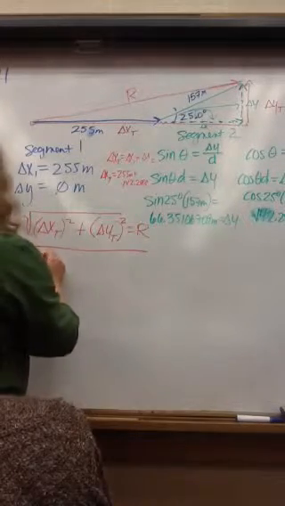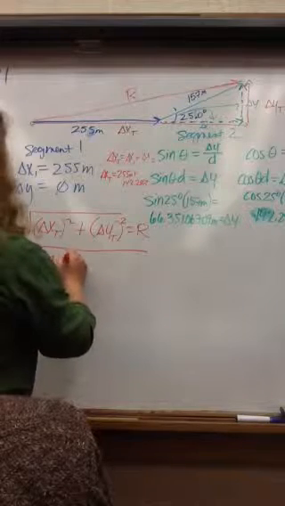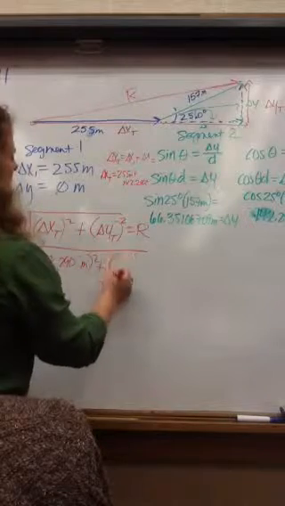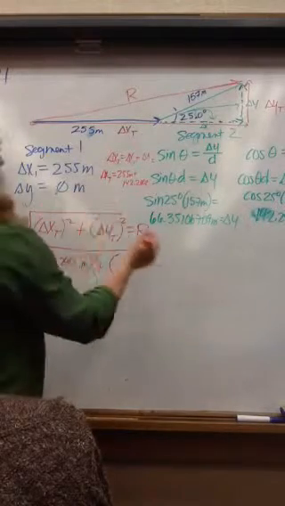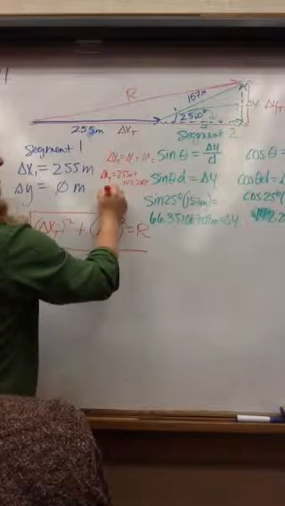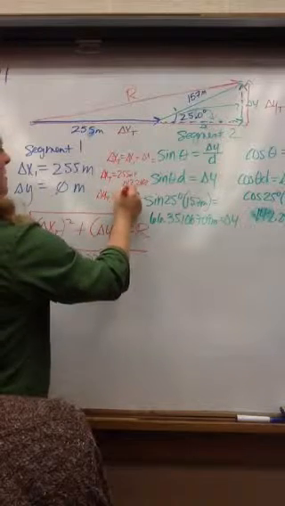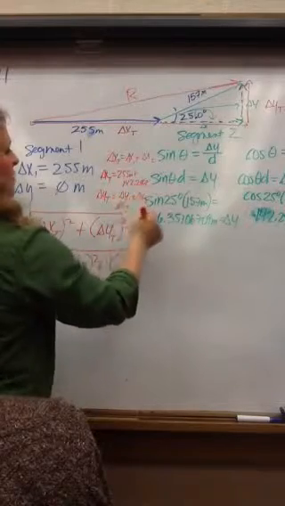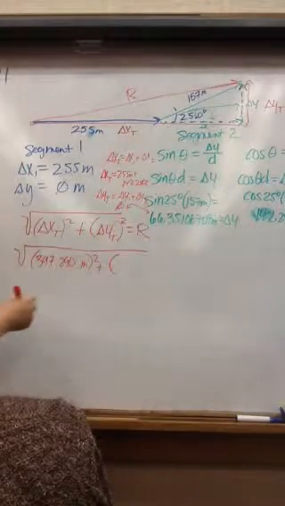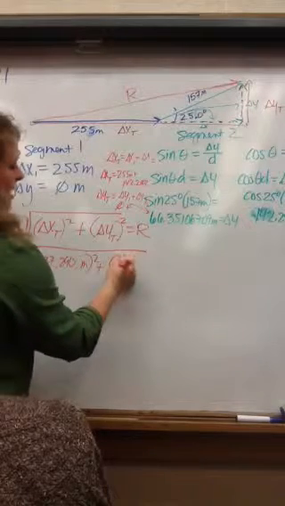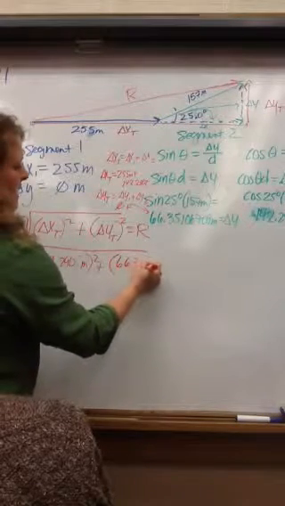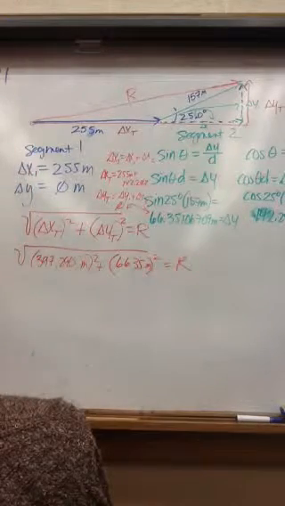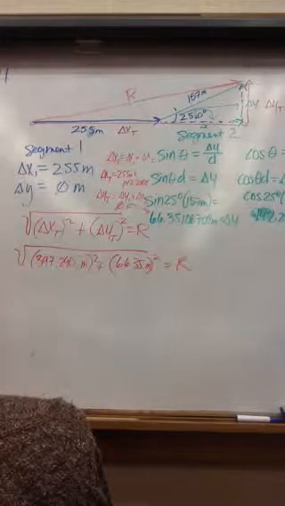So here we have 397.290 meters squared, plus, and delta y total equals delta y1 plus delta y2, that's 0 plus that number. So we get 66.35, etc. meters squared. Okay.